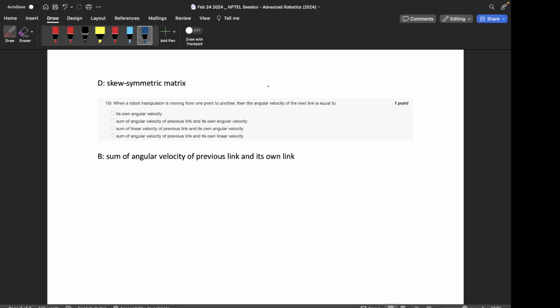If you remember in the case of a 2R manipulator, the first link has angular velocity theta 1 dot, and the second link has angular velocity theta 1 dot plus theta 2 dot. So it's the sum of the angular velocity of the previous link, that is theta 1 dot, and the angular velocity of its own link, that is theta 2 dot. So angular velocity is just added as we move from the inner links to the outer links, right?